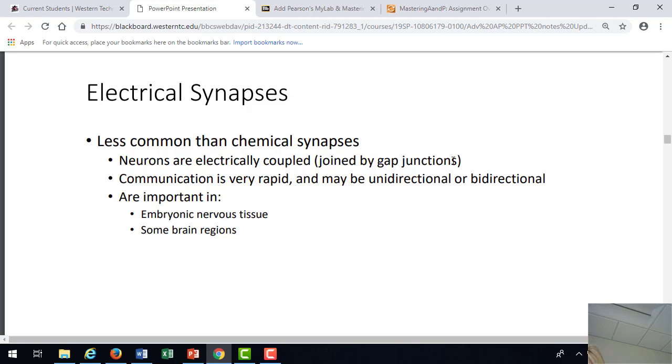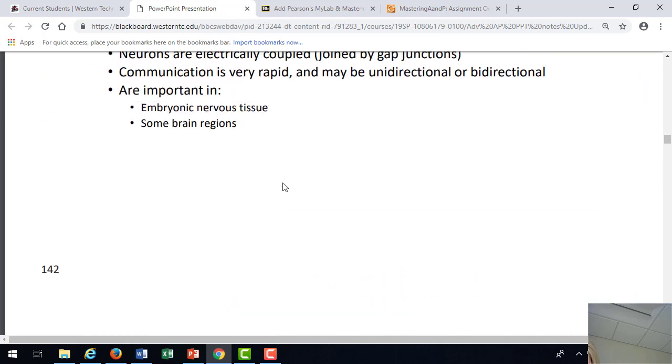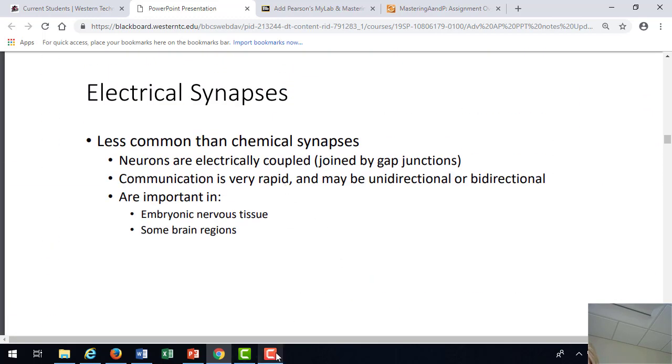So make sure you highlight the word gap junctions, and that's unique to electrical synapses. So communication is rapid, and it can be back and forth because of these doors connecting the two neurons. And I'll show you a picture of that.